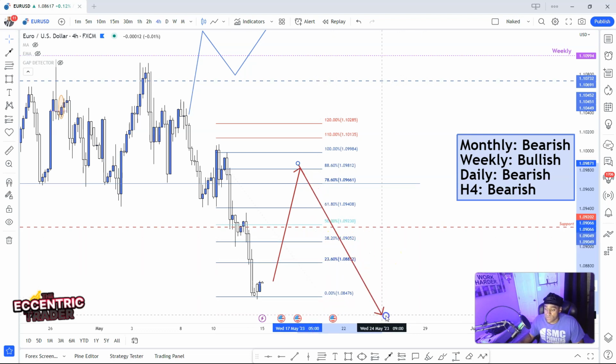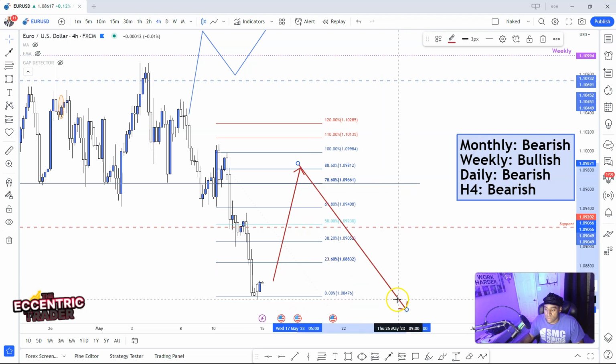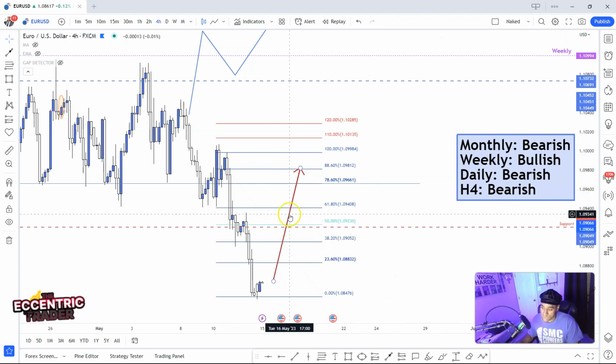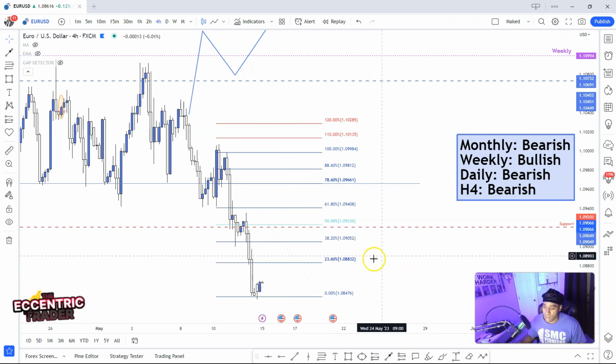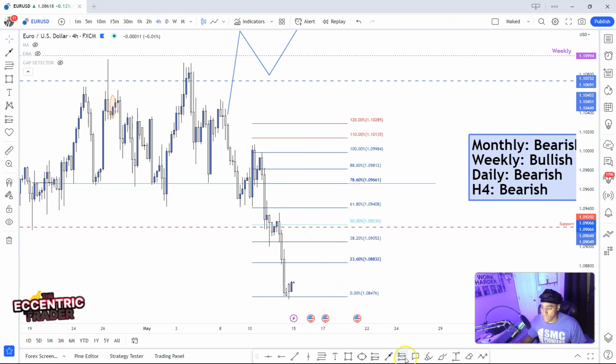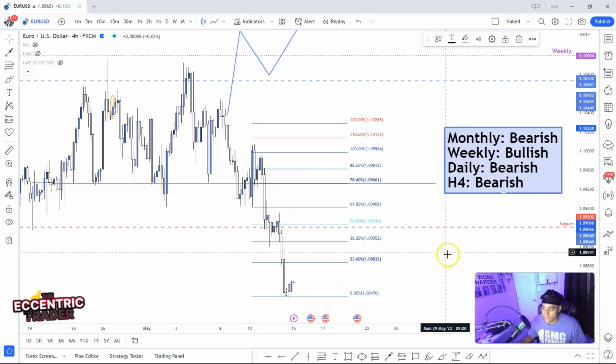Most aggressive. 23.6 is more so like a continuation of that bearish volume. It's not really a PRZ. It's a subtle pullback, one of the riskiest ones that you could take. But yeah, you would just wait for a pullback and enter on that lower high. Enter based off your edge and your trading style.